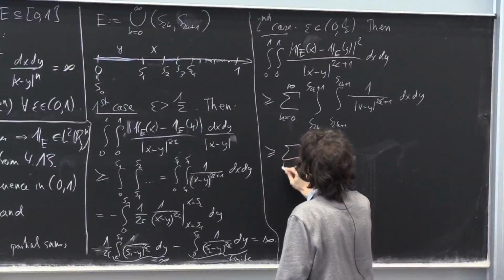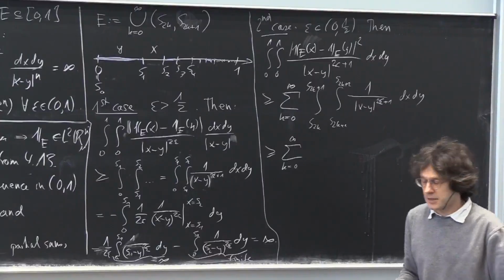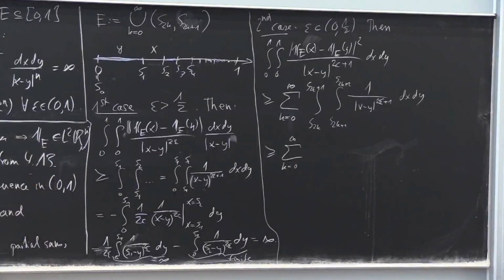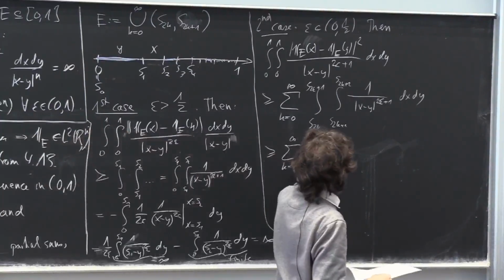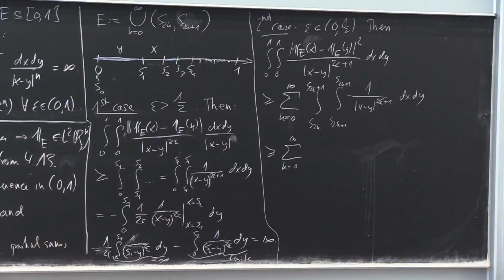Next step is to use that our sequence is decreasing. What I want to do is I somehow want to force that these two integrals integrate over intervals that are of the same length. And I will do this in the following way.